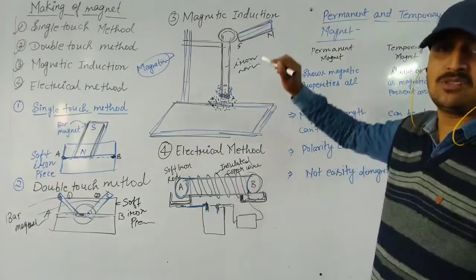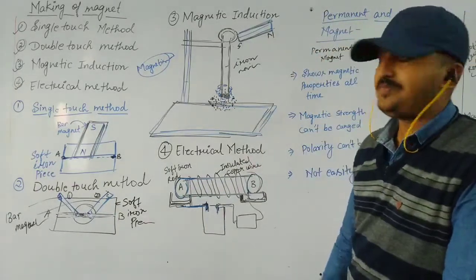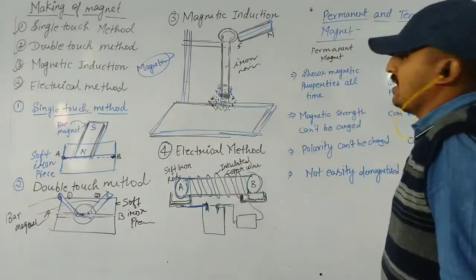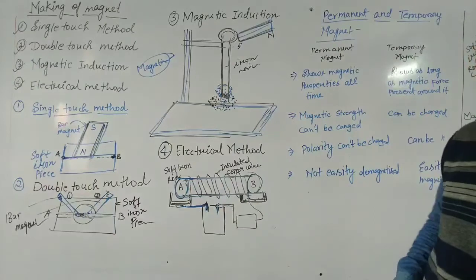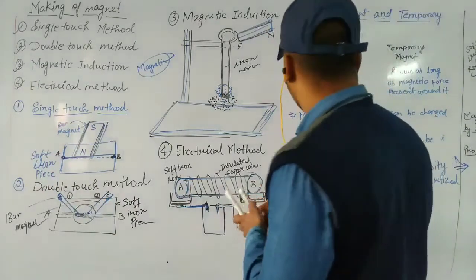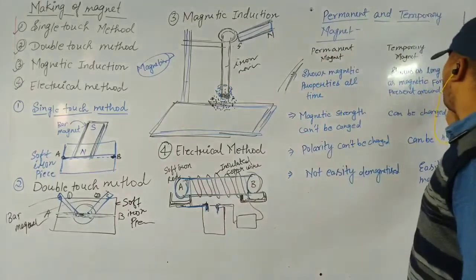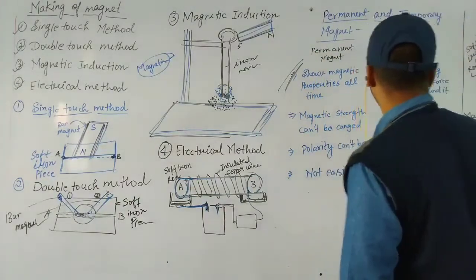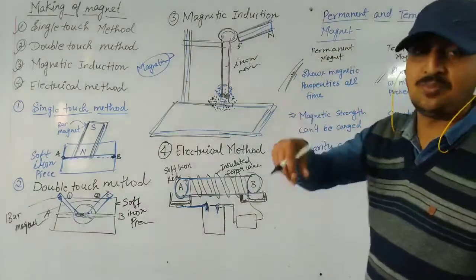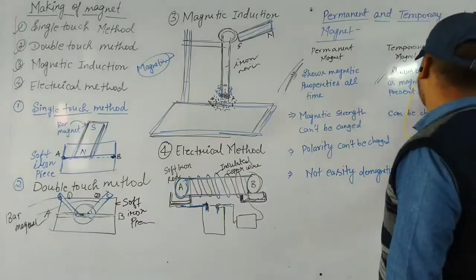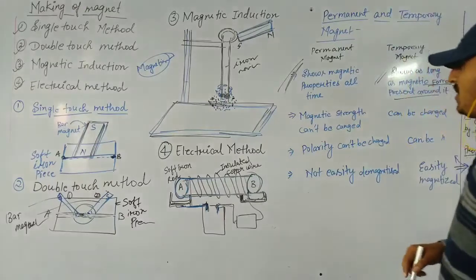Now we shall try to understand the difference between permanent and temporary magnets. A permanent magnet always shows magnetic property. It shows magnetic force; as long as the magnetic force is present there, it will show the magnetic property.